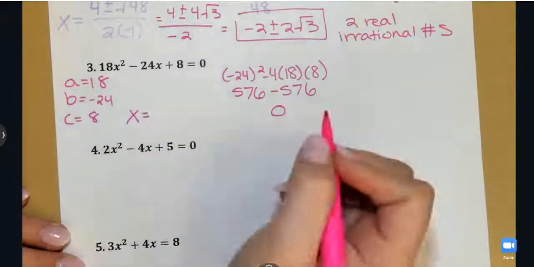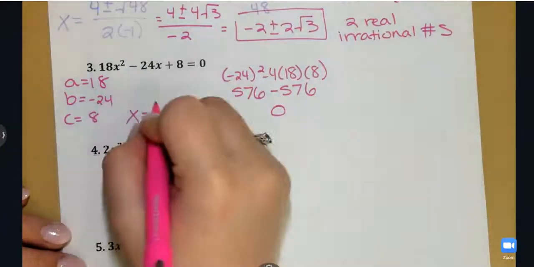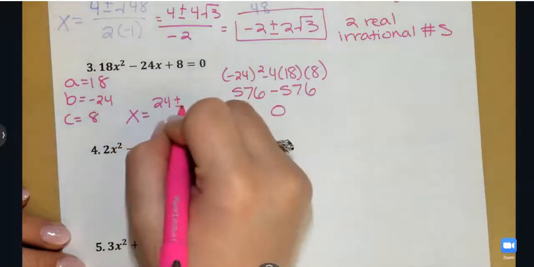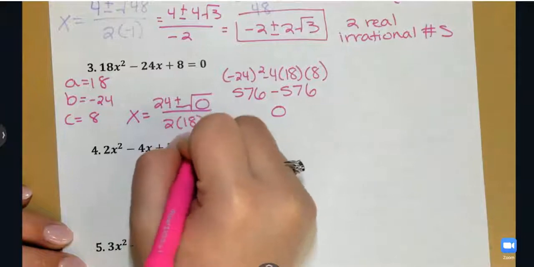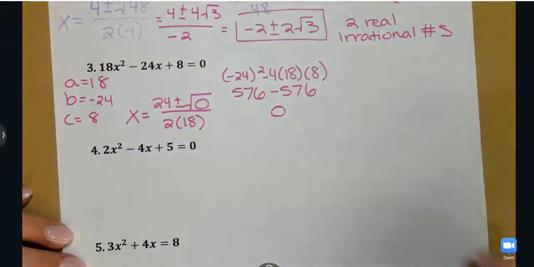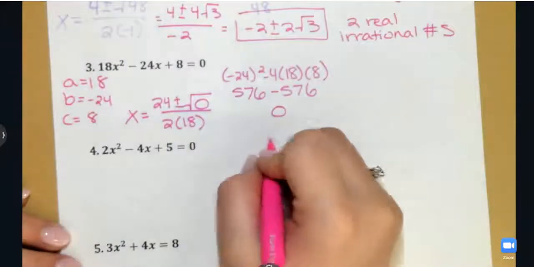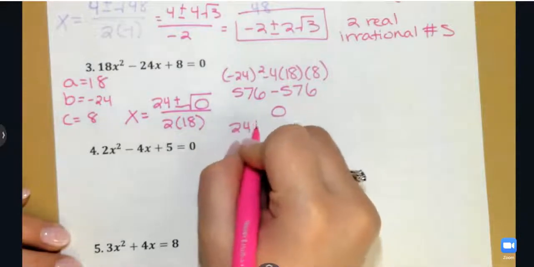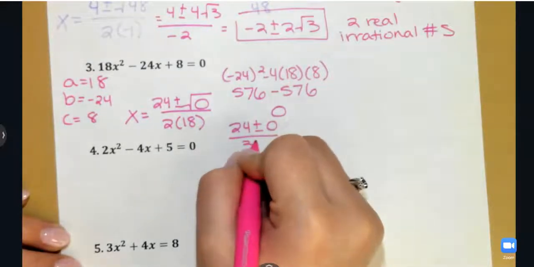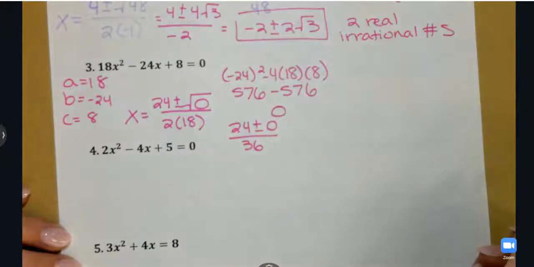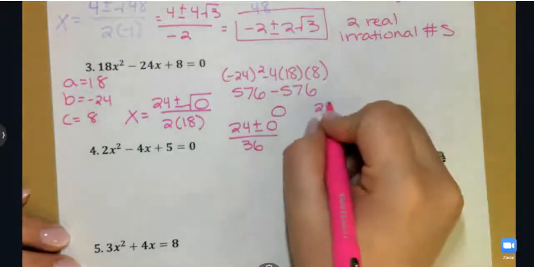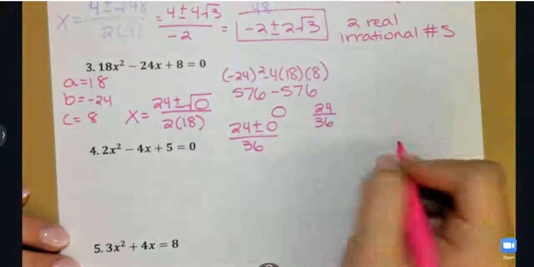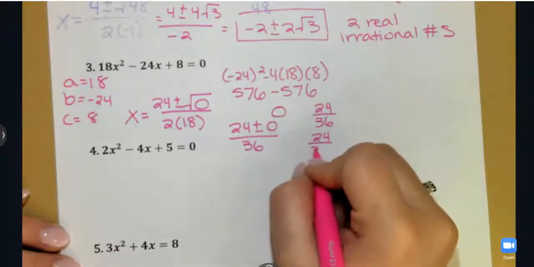So x is going to be negative b, so positive 24, plus or minus the square root of our discriminant, which is 0, over 2 times a. So the square root of 0 is 0. So this is going to be 24 plus or minus 0 over 36. 24 plus 0 is 24, and 24 minus 0 is also 24.